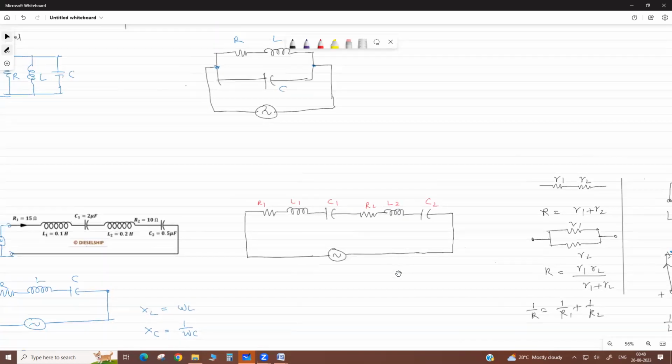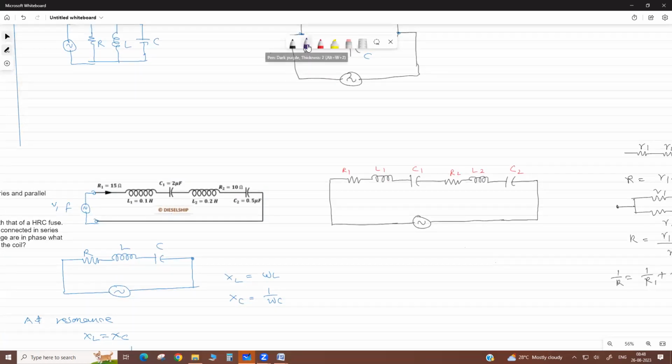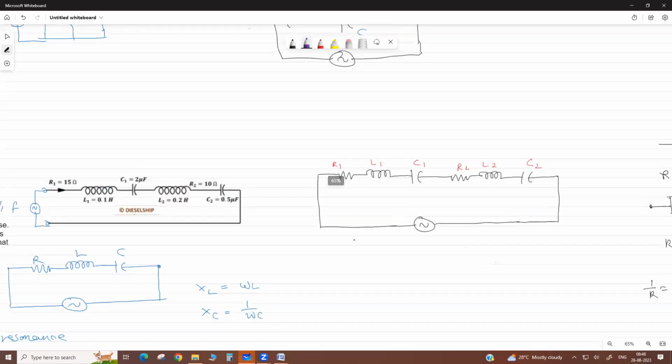Here we put the values in this circuit. R1 is given as 15 ohm, L1 is 0.1 Henry, and C1 is 2 microfarad.